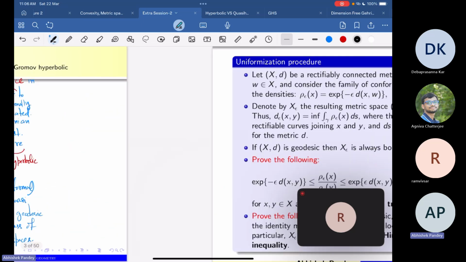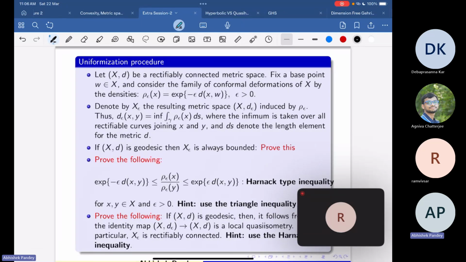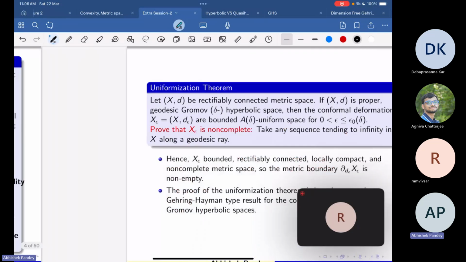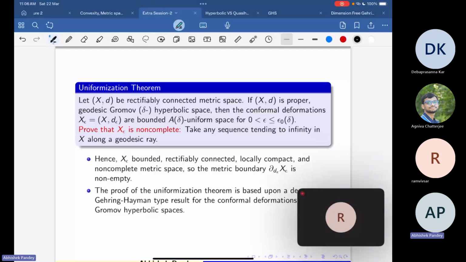We discussed this uniformization procedure and came to the uniformization theorem, which says that every proper geodesic Gromov hyperbolic space can be conformally deformed into a bounded uniform space.